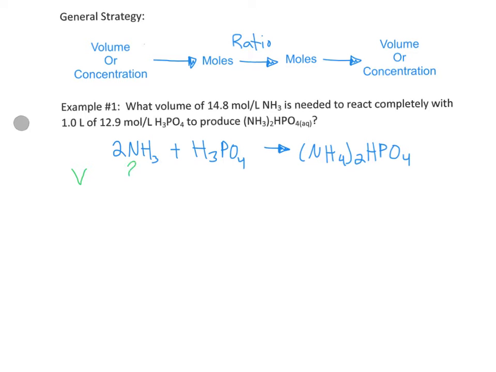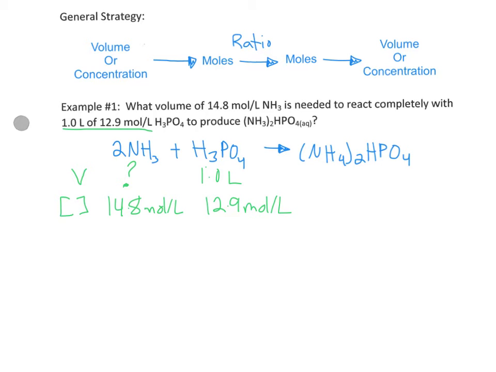So that means that we're looking for a volume of NH3, but we have a concentration of 14.8 mole per liter. For H3PO4, we have a volume right here, 1.0 liters, and our concentration is 12.9 mole per liter.